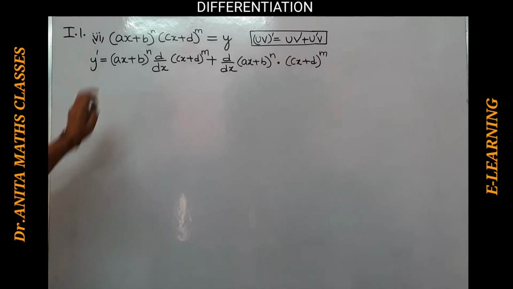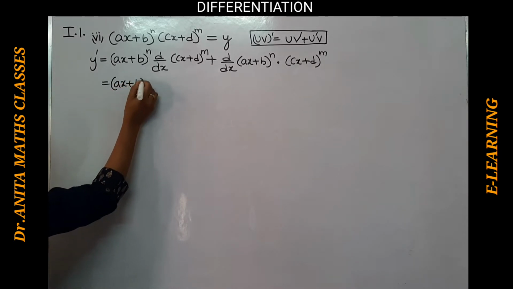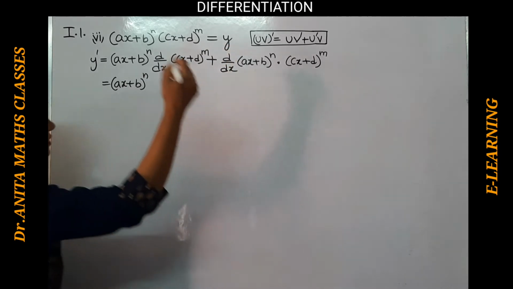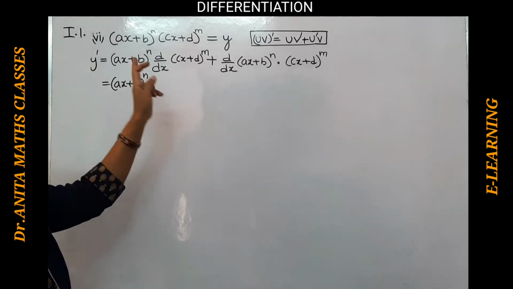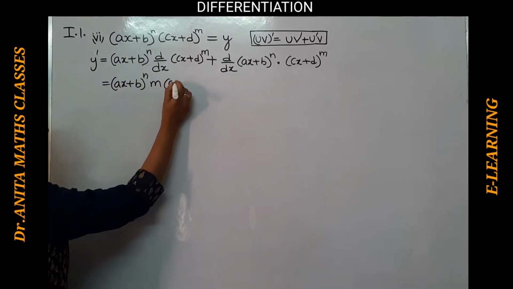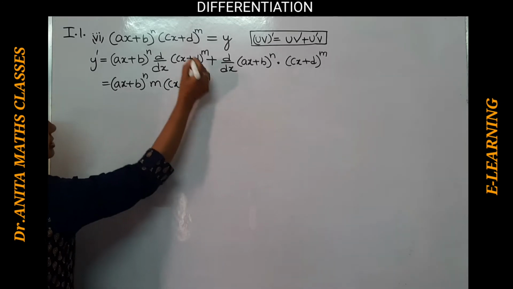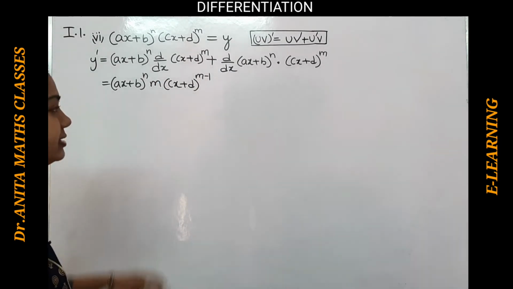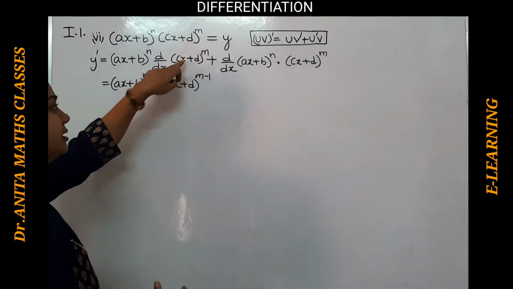Now here let's do (ax plus b) whole to the power of n, the derivative of this. So this is in the form of our standard list, x to the power of n, n x to the power of n minus 1. So likewise we will do m into (cx plus d) to the power of m minus 1. Again, since this is not in the form of the standard function x, isn't it? So it should be again differentiated here, cx plus d.